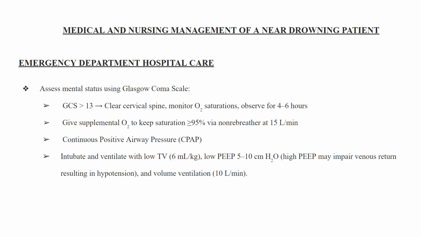Continuous positive airway pressure. You want to intubate and ventilate with low tidal volume at 6 milliliters per kilogram. Low PEEP, 5 to 10 centimeters H2O. High PEEP may impair venous return, resulting in hypotension, and volume ventilation at 10 liters per minute.